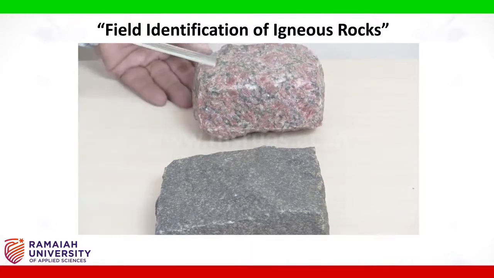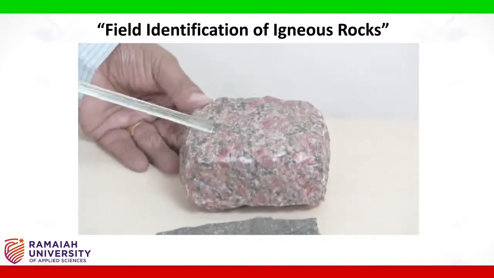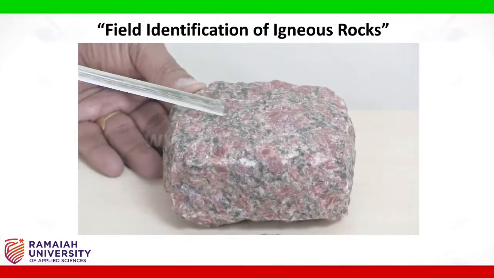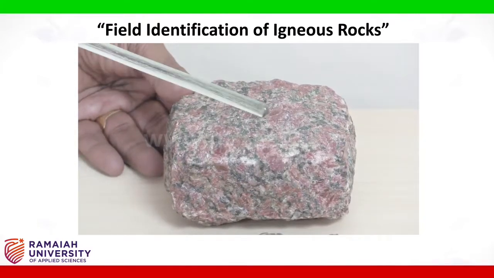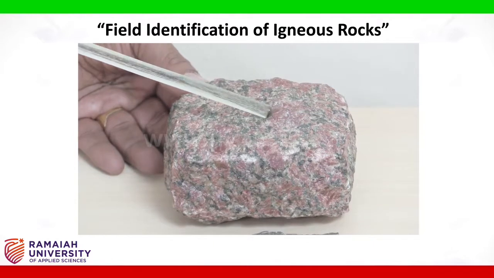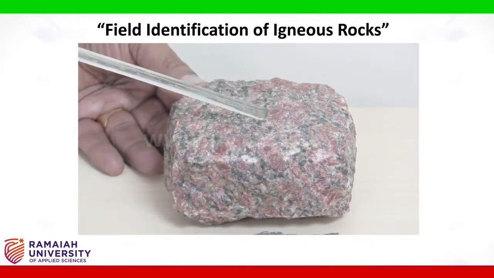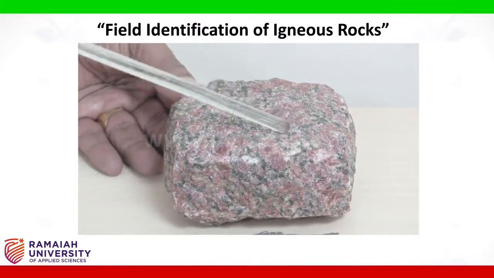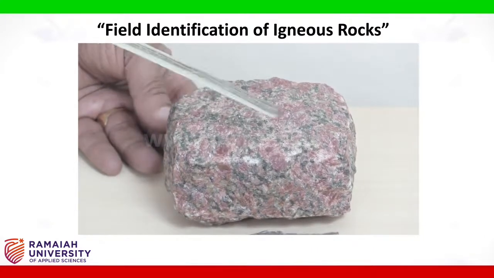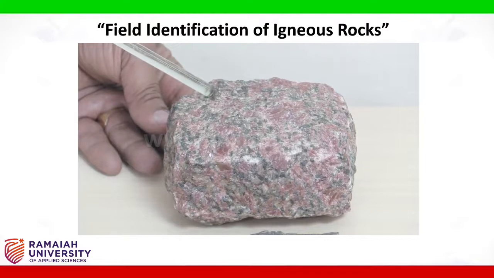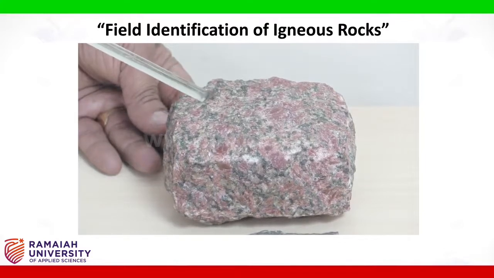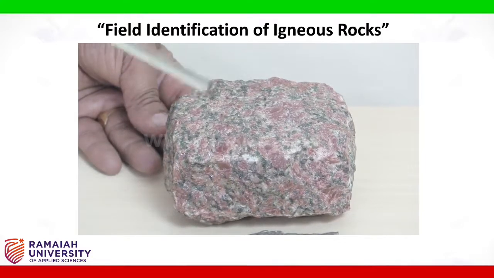Here this is essentially a coarse grained granodiorite with reddish brown pink feldspar, that is of orthoclase feldspar composition, along with quartz and dark colored minerals mica and hornblende.